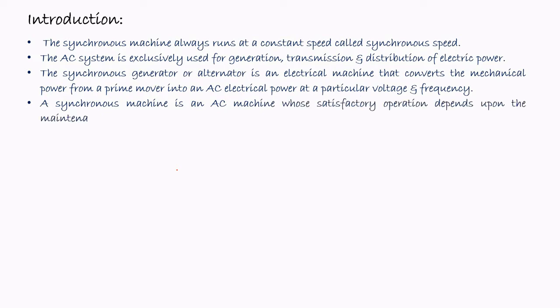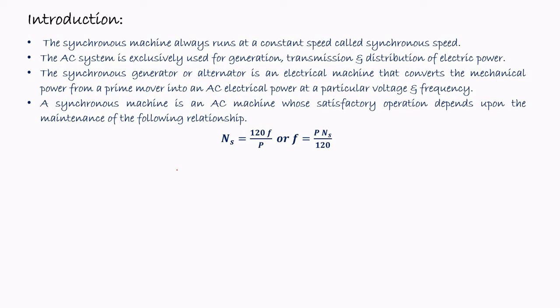So a synchronous machine is an AC machine whose satisfactory operation depends upon the maintenance of the following relationship. The relationship is Ns equals 120 F upon P, or we can write F equals P into Ns upon 120. Here F is the frequency, P is the number of poles, and Ns is called the synchronous speed.